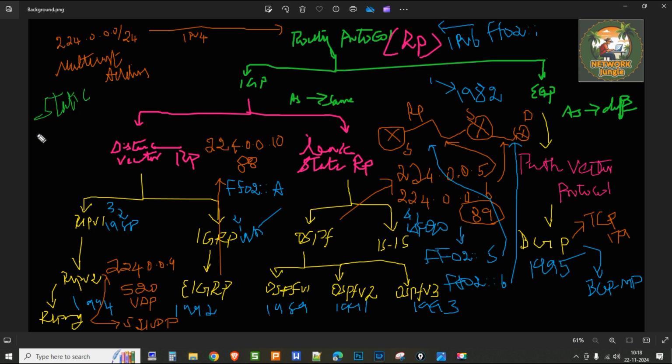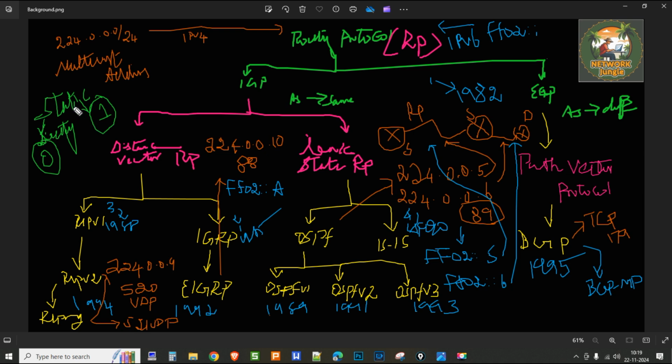There are two types of routes available. One is directly connected. Directly connected means the AD value is 0. If it is a static route we have added, the value is 1. So 0 and 1 are occupied by the static routes.